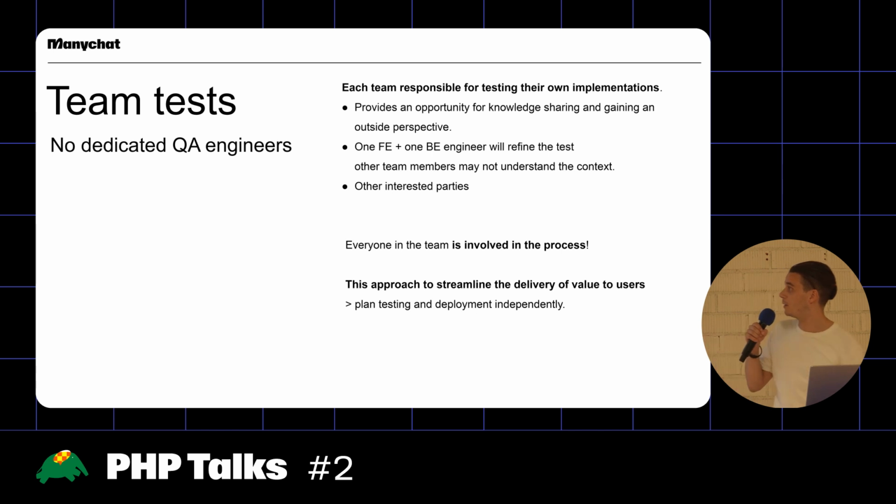Mostly it will be one backend and one frontend engineer, so the people who actually build it will be refining or writing the test. But possibly there might also be other people interested in this team test. It might be that the PO joins to check if all the ACs have been implemented correctly, or maybe the analytics competence wants to check if their data has been integrated correctly into the end solution.